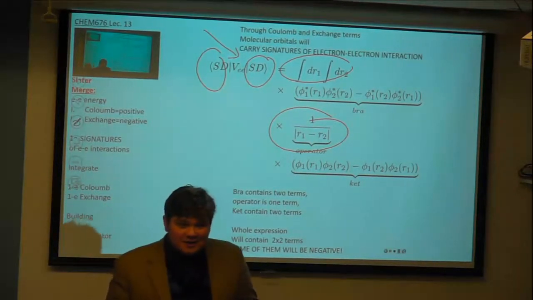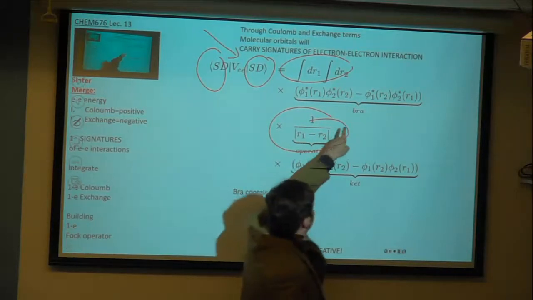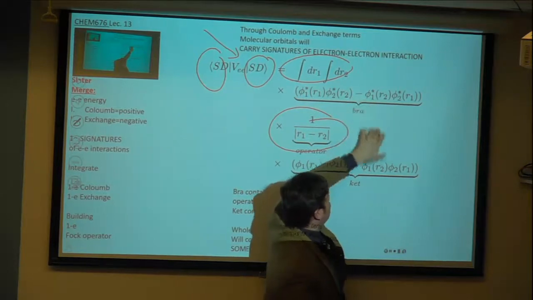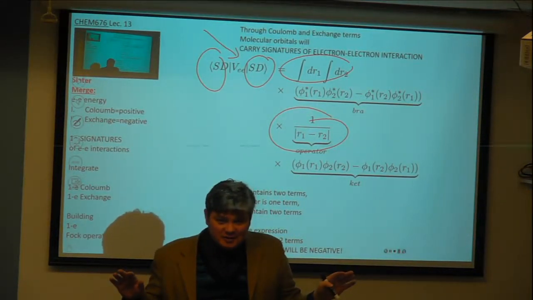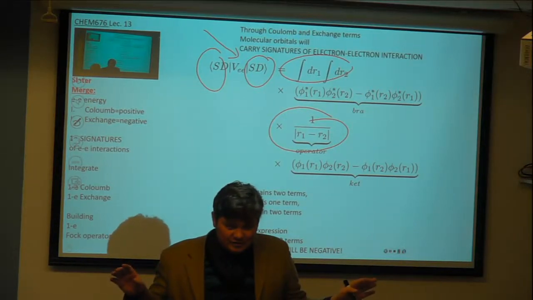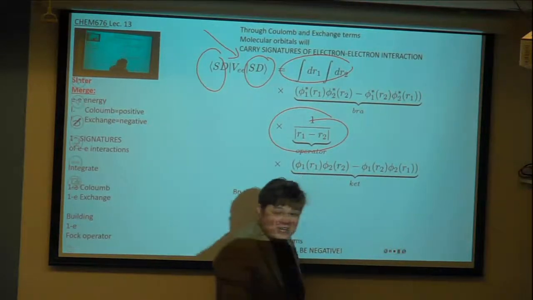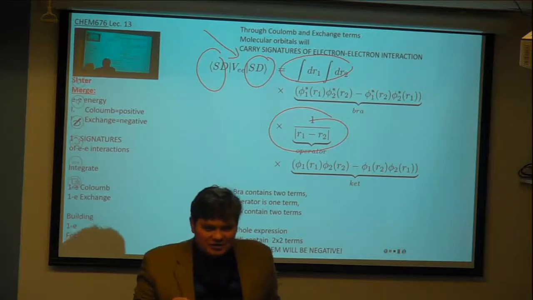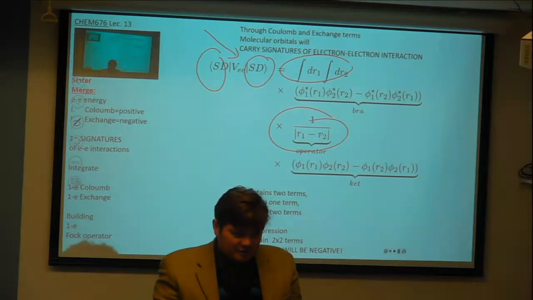Now, the electrons are antisymmetric. They obey Pauli, therefore their wave function has a minus. So if we open these brackets, there will be two types of terms. Half of the terms have a positive sign for repulsion, and half are cross terms with a negative sign. So there are terms in Coulomb interaction that are negative, stabilizing, minimizing energy.